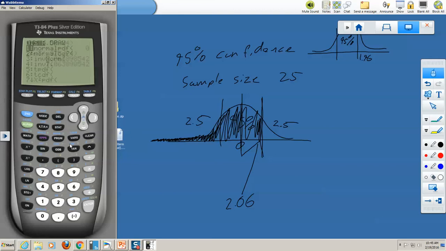So if I did inverse T of 0.975 comma 50, doubling the sample size, we're going to get 2.00. So notice it's gone down, a little less variation, a little bit closer to that 1.96. Let's double it again. Inverse T, 95% confidence is 0.975.